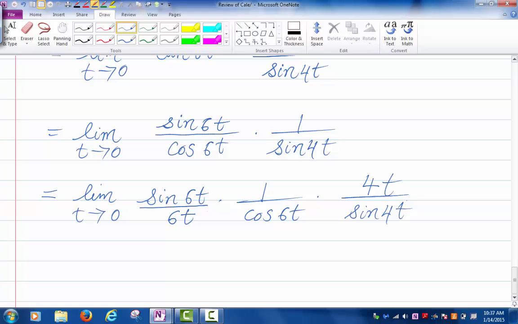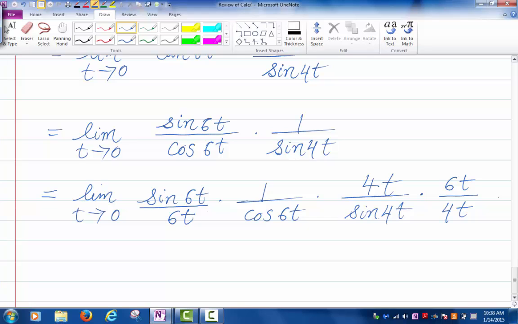And so, what did I change here? Remember, I introduced 6t in the denominator, which wasn't there. So because I introduced 6t in the denominator, how do I cancel out that effect? I multiply by 6t in the numerator. I introduced a 4t in the numerator. To cancel out that effect, I need to divide by 4t, right?